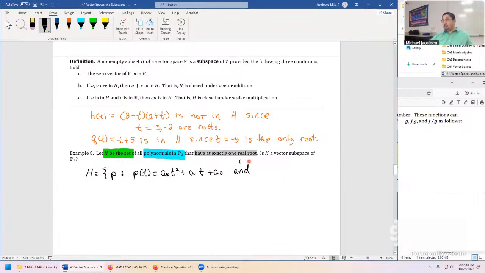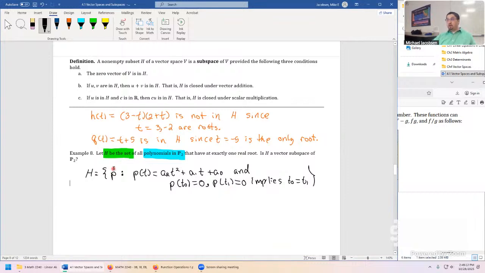If you want something more like an equation you could write down, you might say, and P of t naught equals 0, P of t1 equals 0, implies t naught equals t1. So if we have one root here, another root here, but this is a set of polynomials with exactly one real root, we'll say the inputs were identical. So that's one way to express exactly one real root.